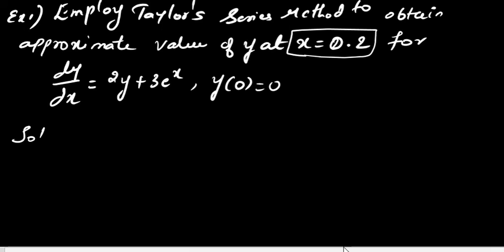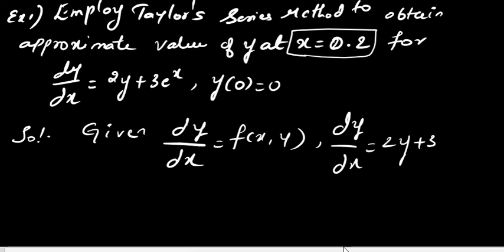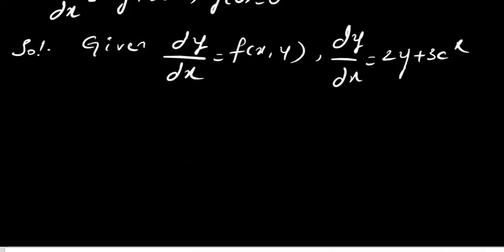So we can start the solution by considering the given dy by dx is equal to f of x comma y, where here dy by dx is given as 2y plus 3 e to the power x. Consider the initial conditions.